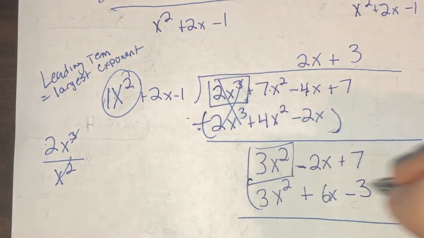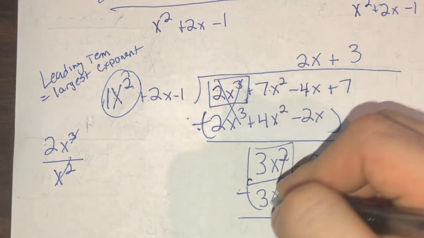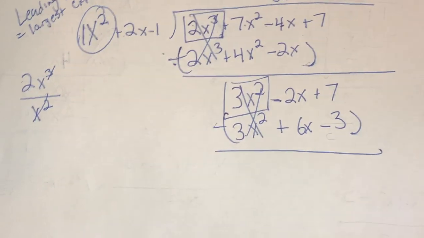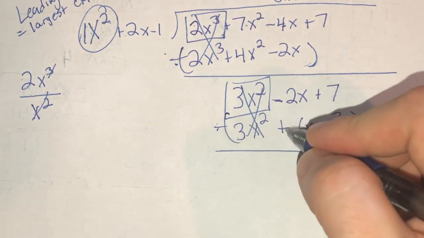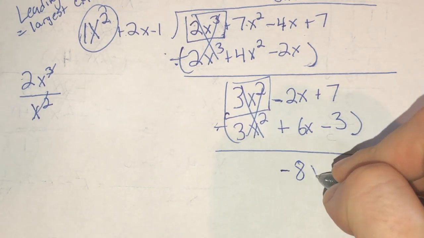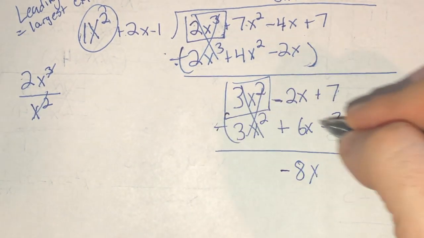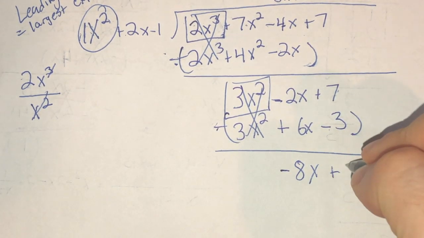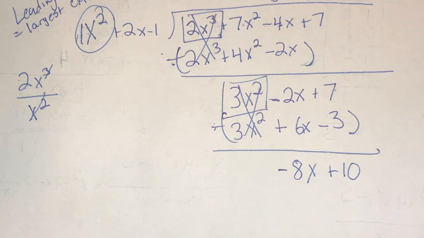Okay, and I bring it down again. Those cancel out right away, okay, as they should. Negative 2 minus 6, giving me negative 8x. 7 minus negative 3, that's going to become an addition, giving me a plus 10.